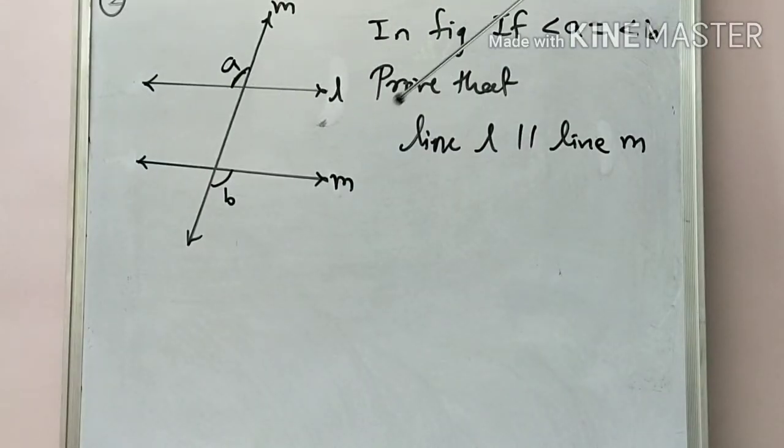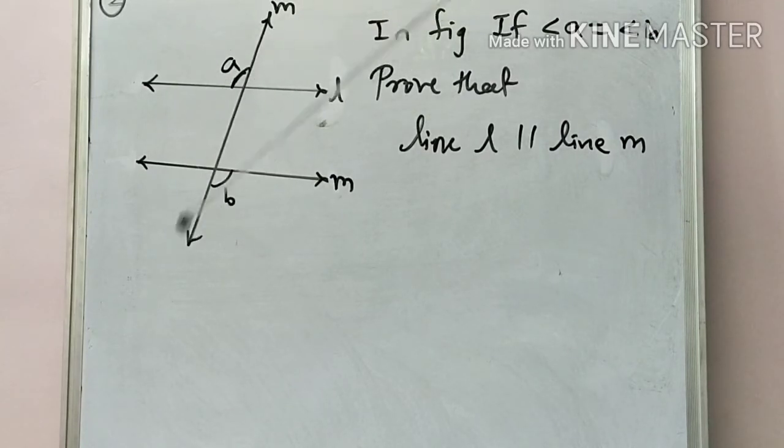Okay, second example, in the figure it is given that angle A is equal to angle B. These two angles are given as equal measures. Then we have to prove that line L is parallel to line M. Okay, so what we know, students, according to the figure, angle A and angle B are what?